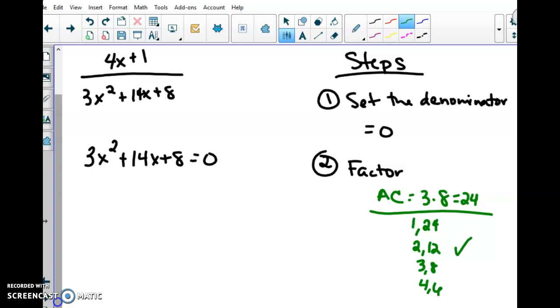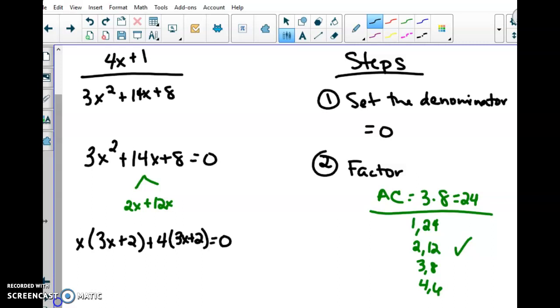It's going to be my 2 and 12. So factoring this quickly, I'm going to get 3x plus 2 here, and between the 12 and the 8, it's a 4. So I've got 3x plus 2 and 3x plus 4.